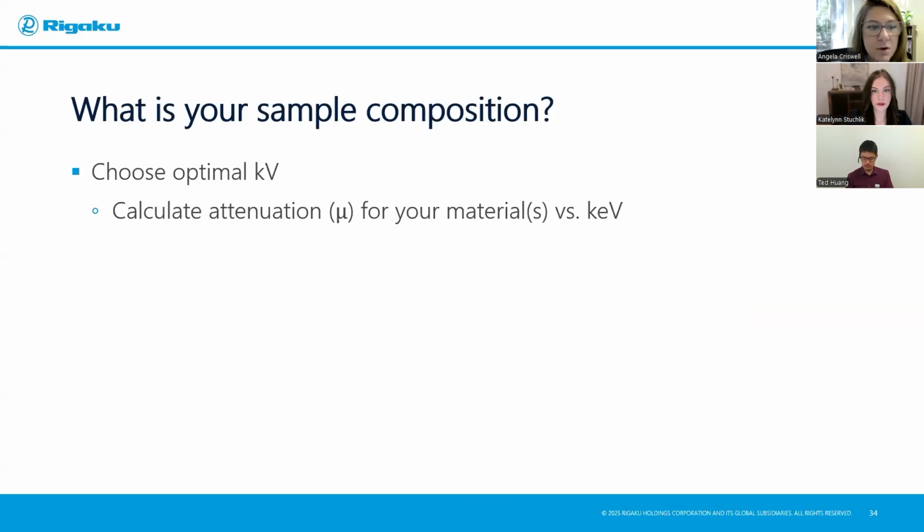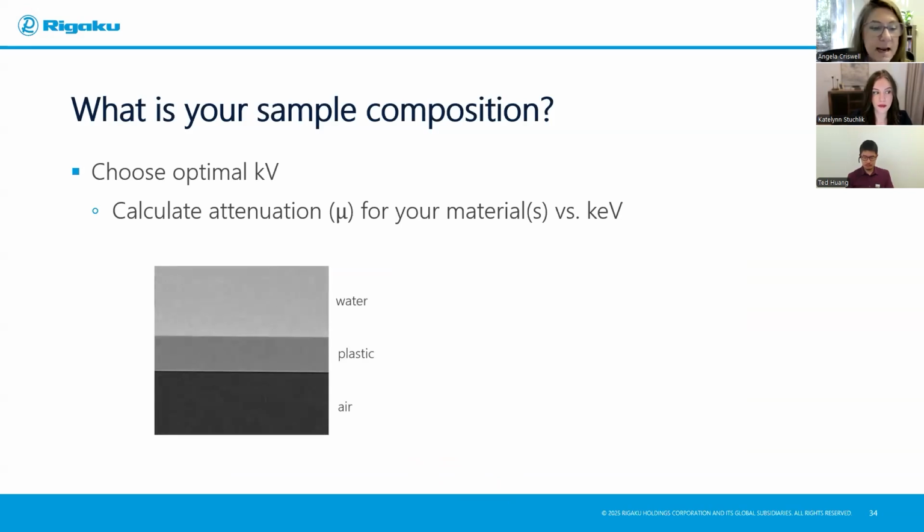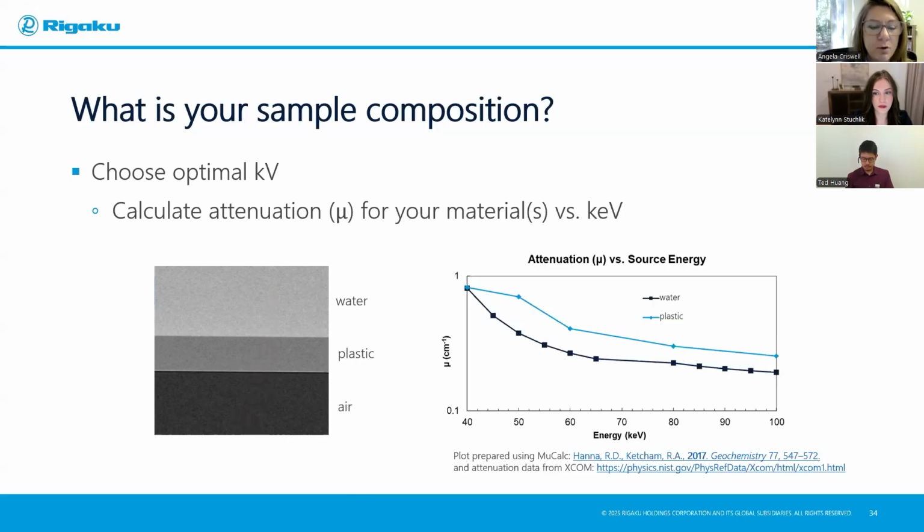Let's look at an example of a sample that's composed of air, plastic, and water. I basically just put some water in a Falcon tube and collected some data for it. But I'm interested in what the absorption characteristics of these materials are. If I pull that information from XCOM and plot it using UT's MuCalc tool, this is what I see.